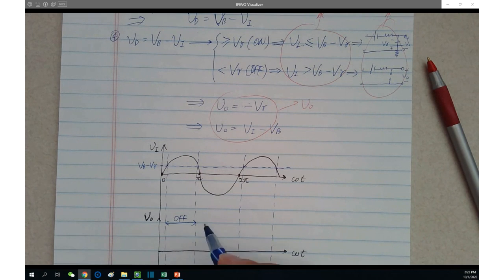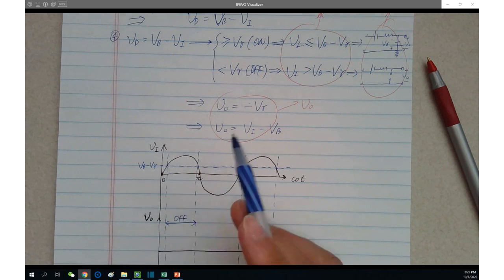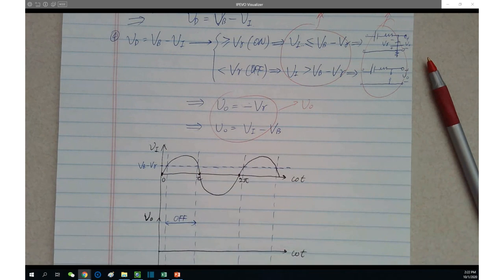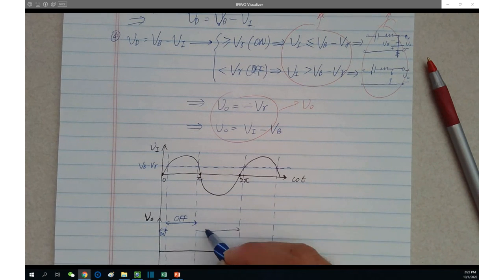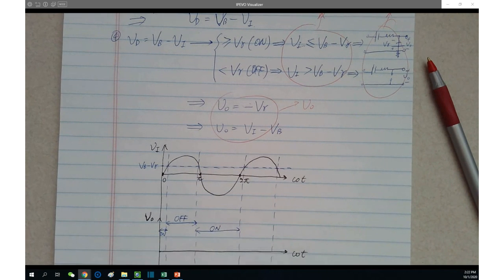Of course, before that, if you feel Vi minus VB is a little bit tricky to plot, because from here you can't tell very well how much you're going to shift down, you can begin with the on window. This window is on. So is this window. Why is it on? Because Vi is below VB minus V gamma.